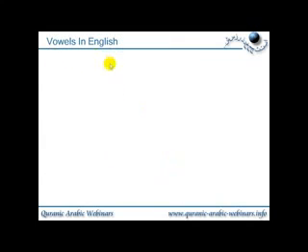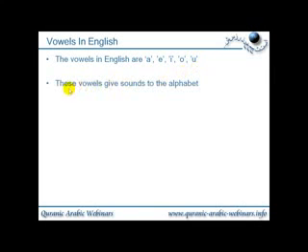Vowels in English. The vowels in English are the letters A, E, I, O and U. These vowels give sounds to the alphabet.